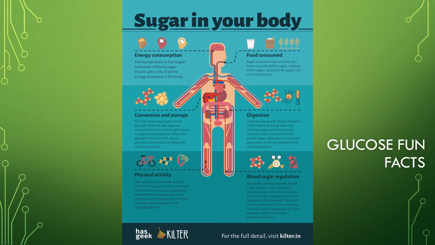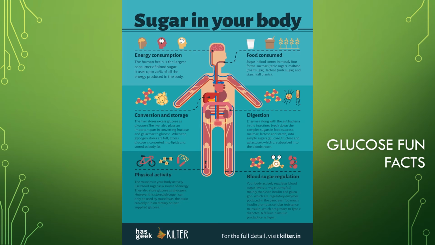Okay, so then we have our internal organs. The liver can store the excess glucose as glycogen, and that is where our body fat comes from.